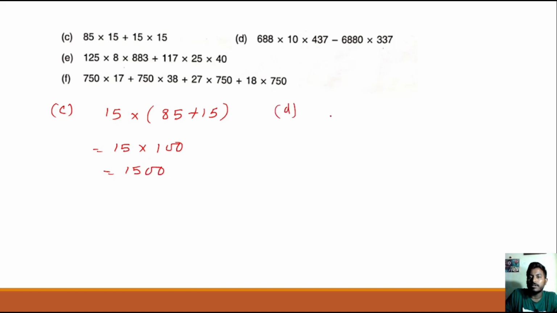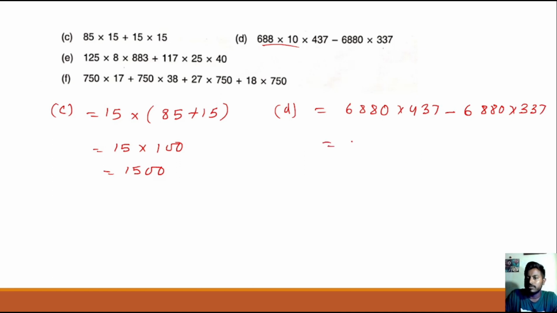Now D number, here take common as 6880. First we multiply 6880, then 437 minus 6880 into 337.